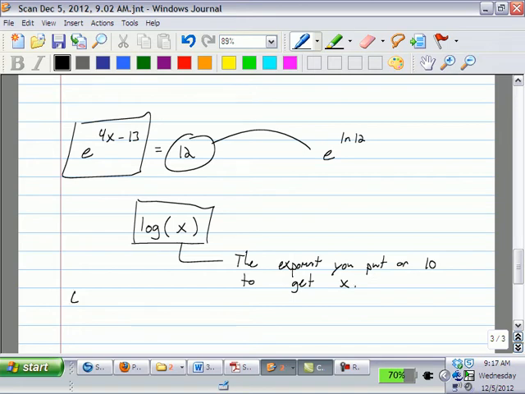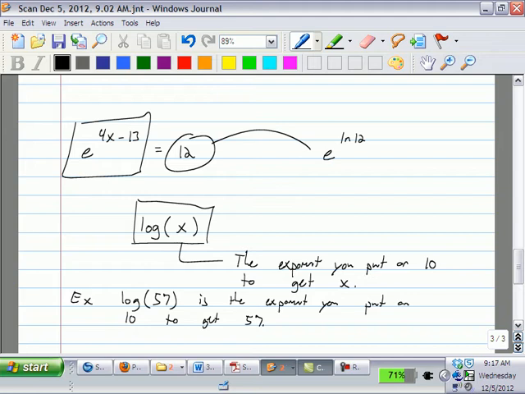So for example, log of 57 is the exponent you put on 10 to get 57. What do you think log of 57, Jacqueline, is between what two whole numbers?